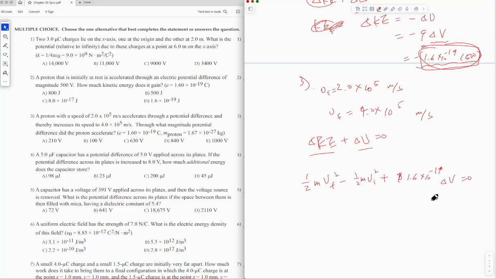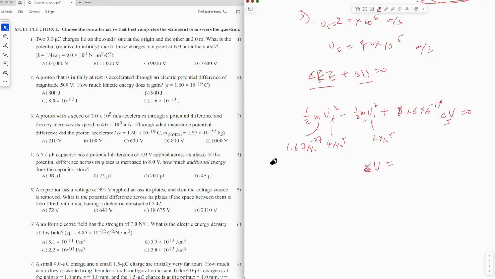VI is 2 times 10 to the power 5, VF is 4 times 10 to the 5, and the mass of a proton is 1.67 times 10 to the negative 27. So delta V is the only unknown; just figure out delta V. Delta V has to be a negative value, but they're looking for magnitude, so your answer will just be a positive value.